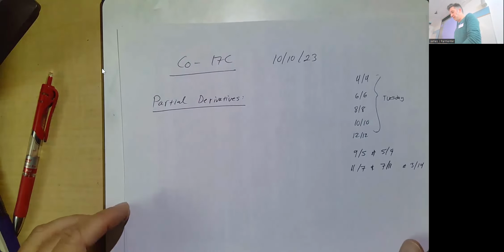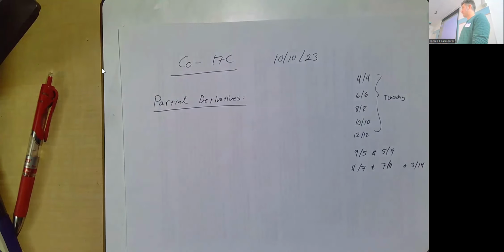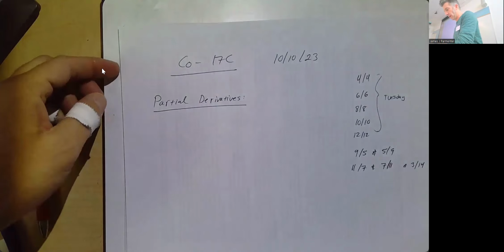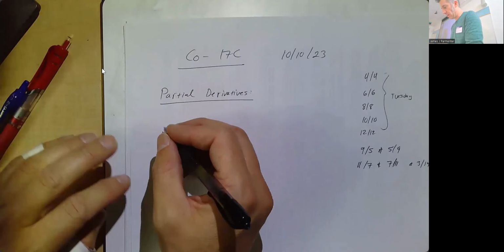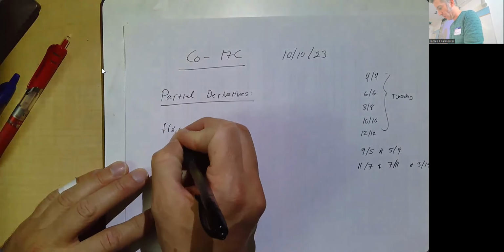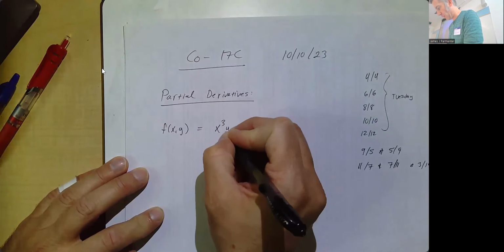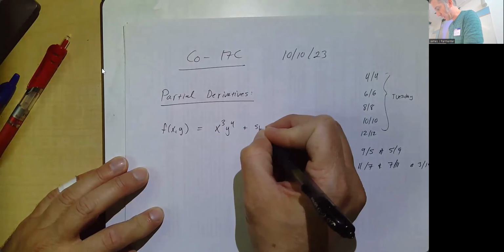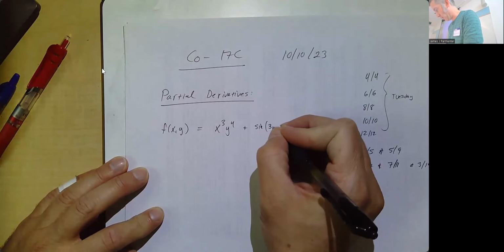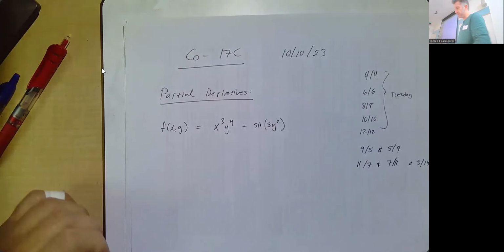So let's say that we have a function that's a little more complicated than the stuff before. Actually, let's start off with an easy example real quick, and then we'll get more complicated real fast. So let's say we've got this function of x and y, and it's equal to x cubed times y to the fourth plus sine of 3y squared.